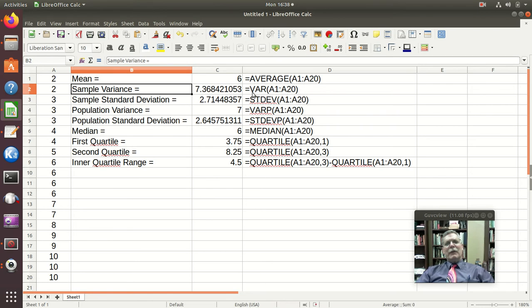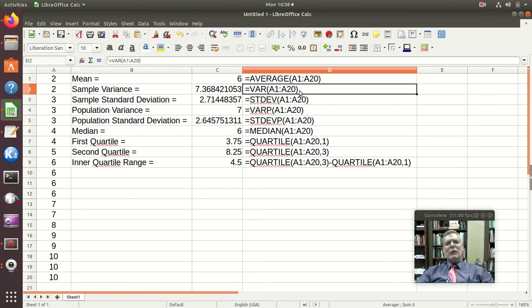Sample variance is maybe what you might expect it to be: VAR, just short for variance. Then again, open parenthesis, I highlight the values I need and close that off, hit enter, and I get my sample variance here of 7.36.